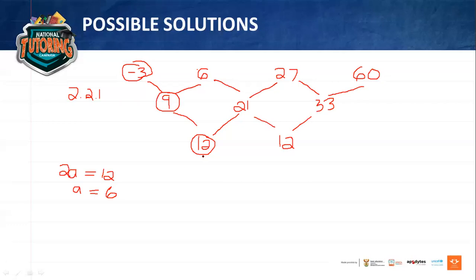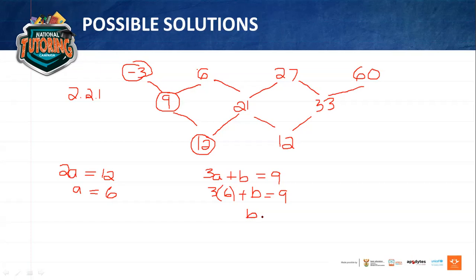Then the number here we said is going to be 3a plus b. So 3a plus b would be equal to 9. Then you substitute the value of a, which is 6. Now we want to get the value of b. This would give us 18. 3 by 6 is 18.